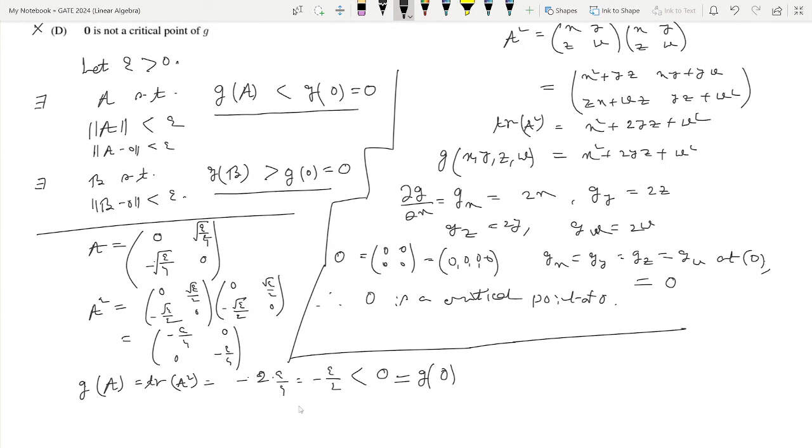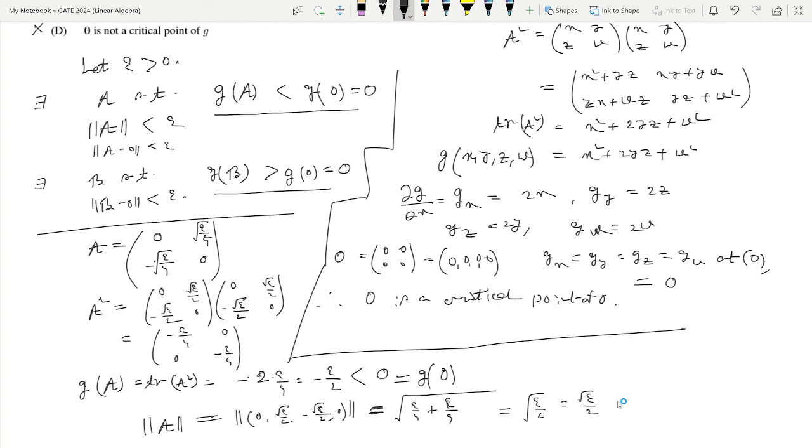And also see, if we take this norm of A, simply as an element of R4, we have the norm of this element 0, root epsilon by 2, minus root epsilon by 2, 0, equal to simply root over epsilon by 4 plus epsilon by 4, that is epsilon by 2 root, equal to root epsilon by 2.